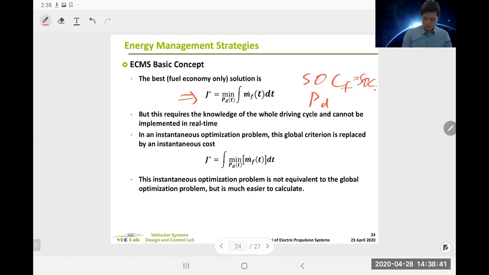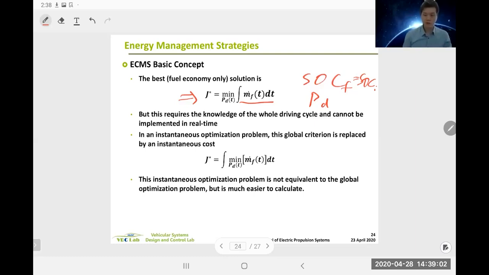So to handle charge sustenance, what the ECMS concept proposed was, if we want to minimize fuel consumption, obviously the solution will be to just use the battery, right?